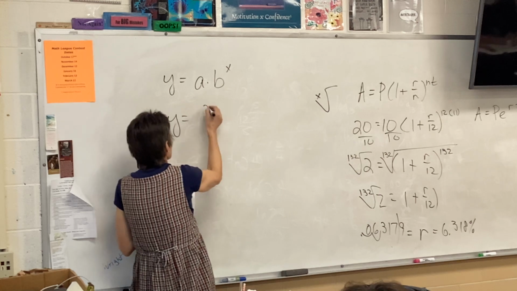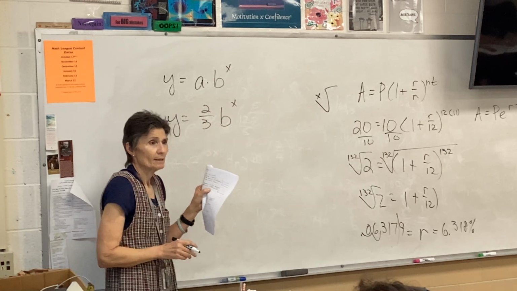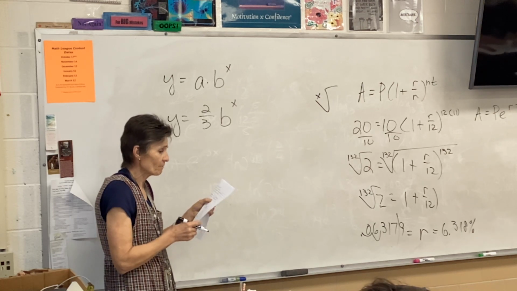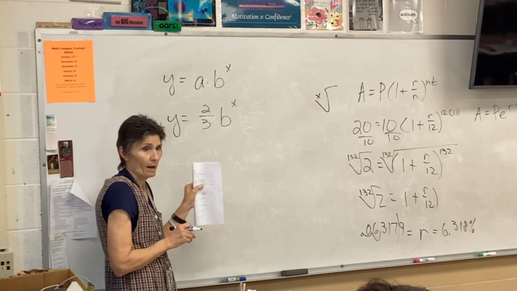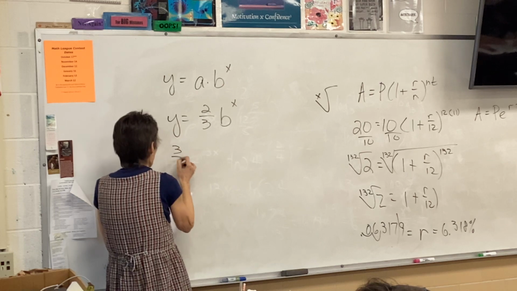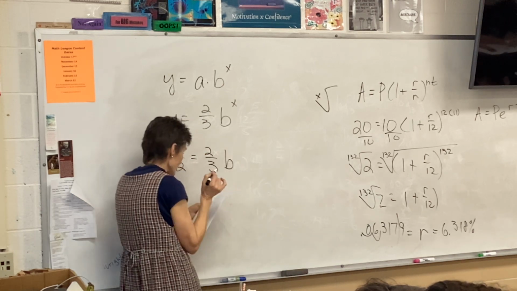So already I'm going to put 2/3 in for my A. Now, how am I going to figure out my B? I'm going to put in the other point. So Y is 3/2, and X is 2.